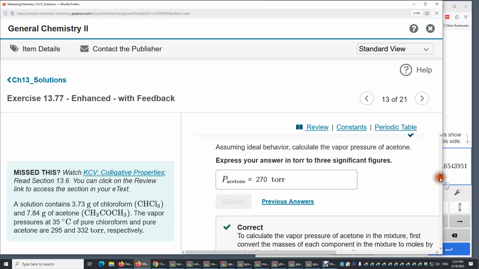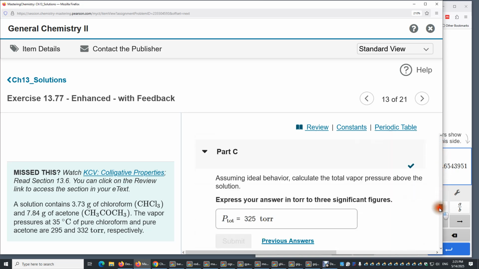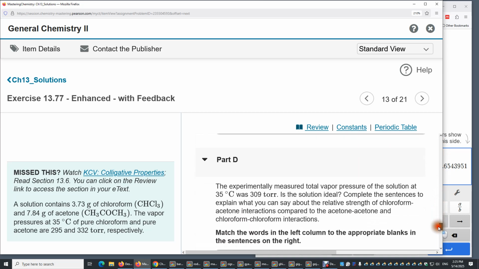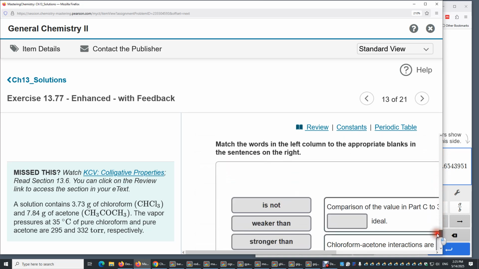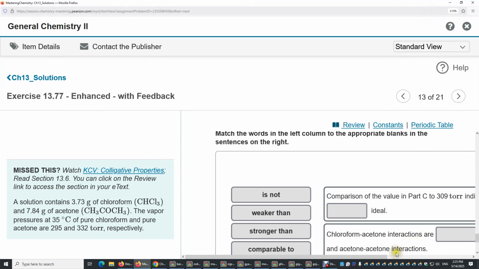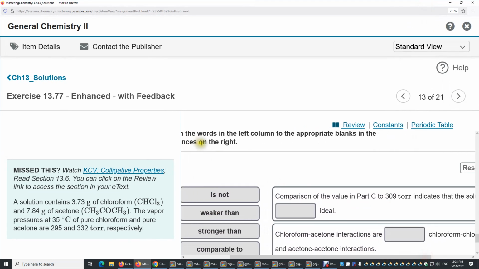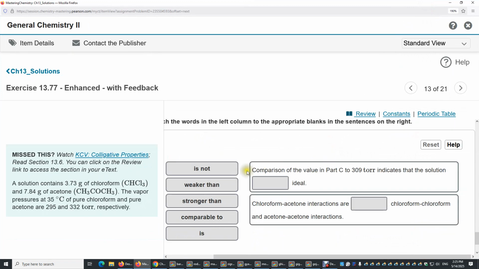We'll look at part D, fill in the blanks. Comparison of the value in part C, which is 325, to 309. This solution is not ideal.